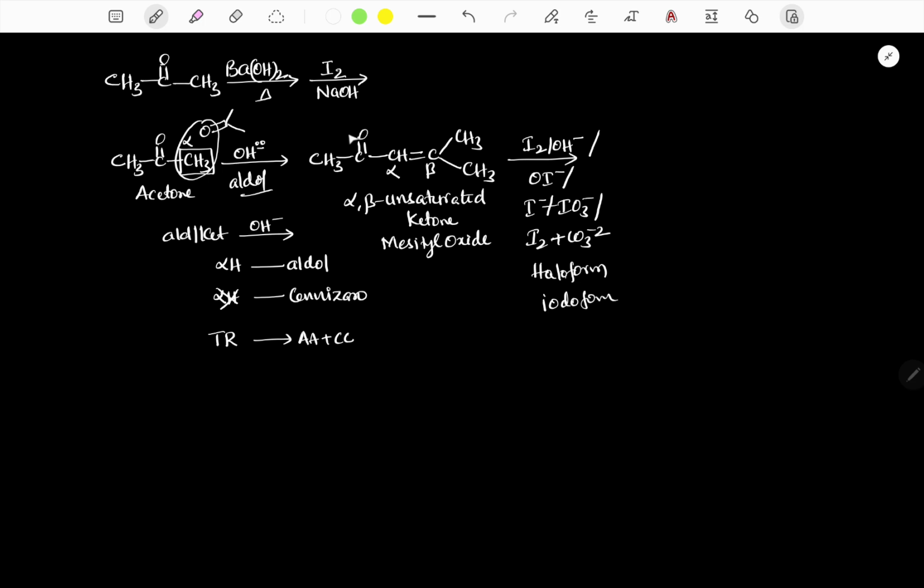In the iodoform test, we have to break this bond, and CH3 will be converted to CHI3, a yellow precipitate, and the remaining structure's CO is oxidized while the alkene is unaffected. So this is our iodoform test.